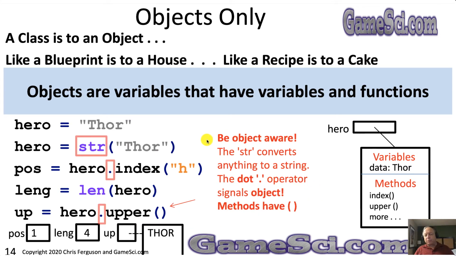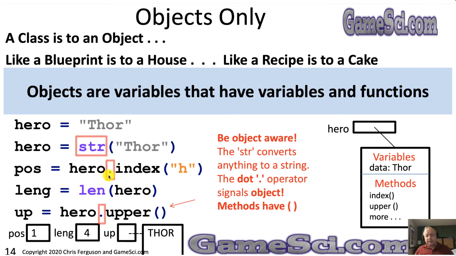Be object aware. The str converts anything to a string. Whenever you see this str, you are definitely dealing with a string object. The dot operator signals an object is present. Methods have parentheses. Things I want you to start spotting in the code.